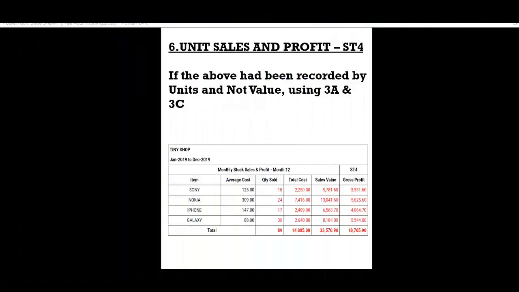Welcome to section 6, where we look at unit sales and profit. Now this is a report. This report would have been generated if we used form 3A for recording sales and 3C for recording stocking. Now let's have a look at that.